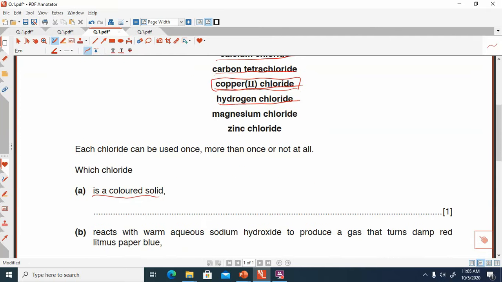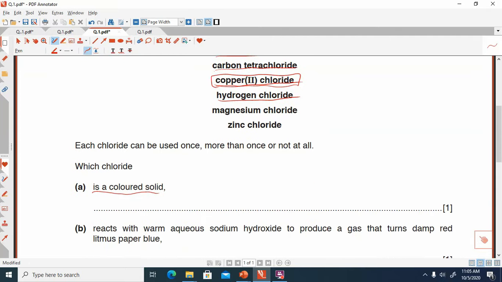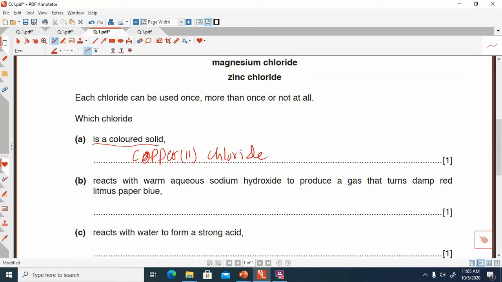Magnesium and zinc, they are also white color. So you will write here copper 2 chloride, right?